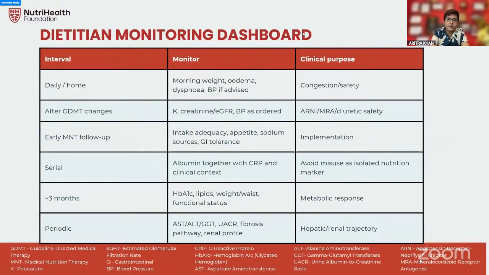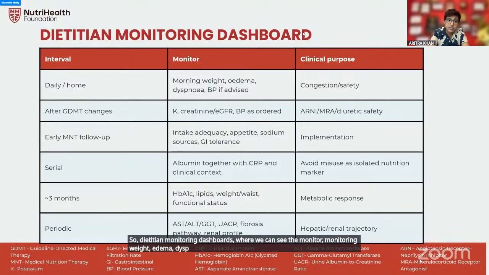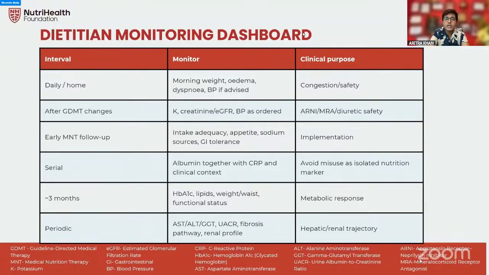So the dietitian monitoring dashboard, where we can monitor weight, edema, dyspnea, BP, advice and condition safety, and creatinine, eGFR, BP as ordered, because ARNI, spironolactone, Aldactone, and loop diuretics were going on. Early MNT follow-up, because early initiation of critical care nutrition is very important: whether we can start with oral feeding or enteral feeding.